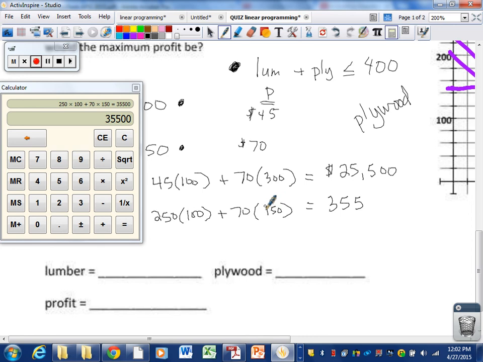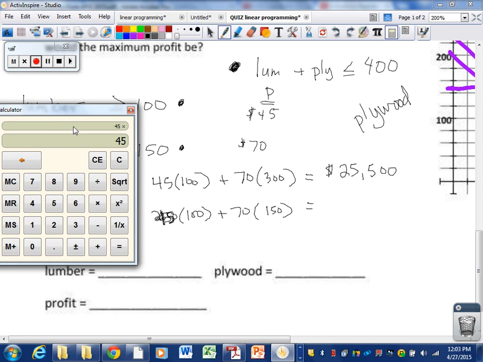Oh, this has to be 300. No. Ay caramba. 45 times 100, that is incorrect. Why didn't any of you tell me that was incorrect? Because you were doing it yourself? Good job. Okay, 45 times 250.